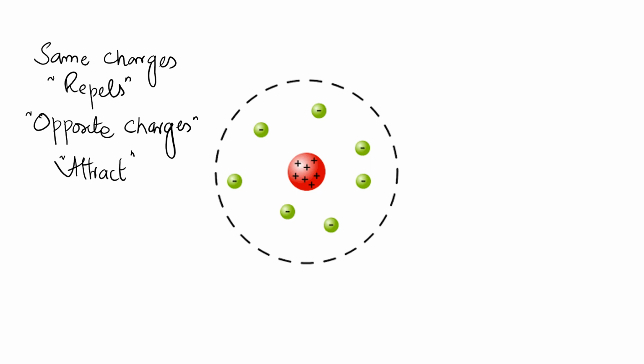So now if the nucleus of an atom has positive charges, these are the same charges, so these charges will repel each other. So it is not possible for a nucleus, if it has only positive charge, to remain stable. So this was the first reason.